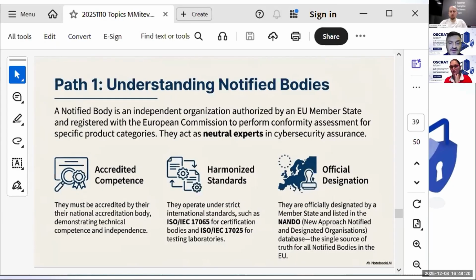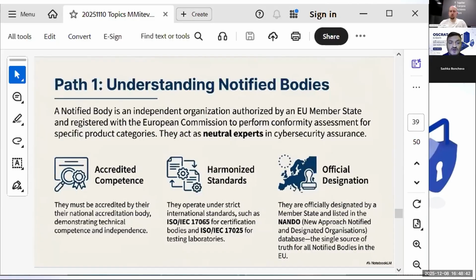Notified bodies operate under strict international standards such as ISO/IEC 17065 for certification bodies and ISO/IEC 17025 for testing laboratories. They must demonstrate technical competence and independence.